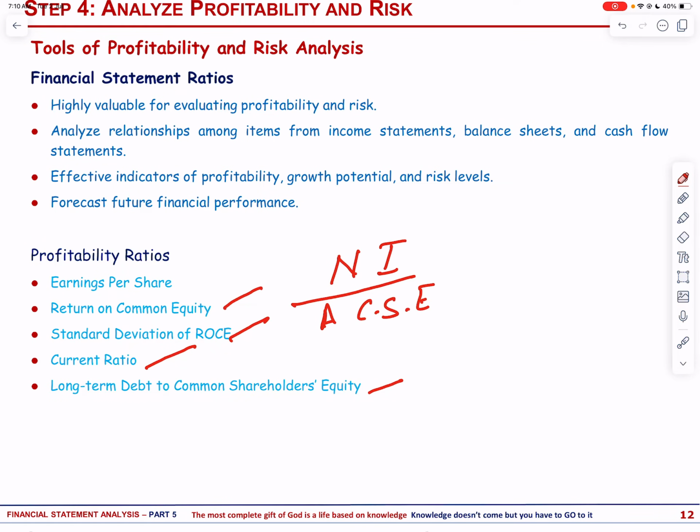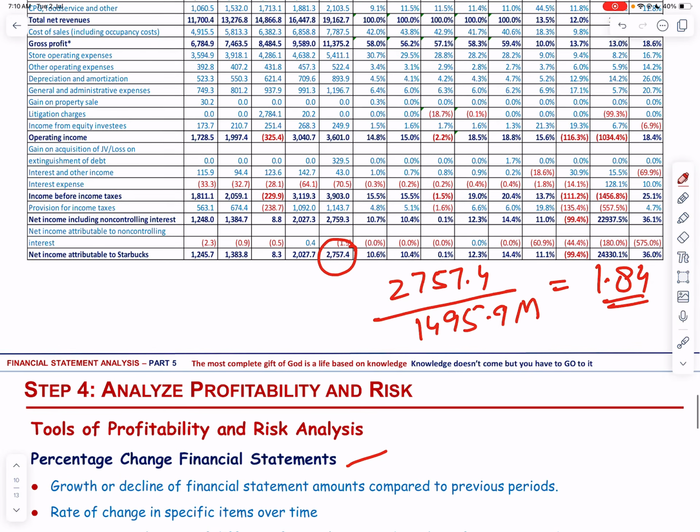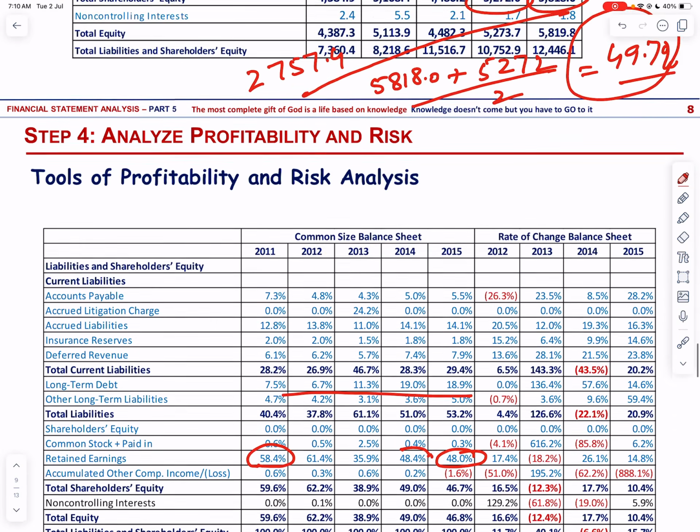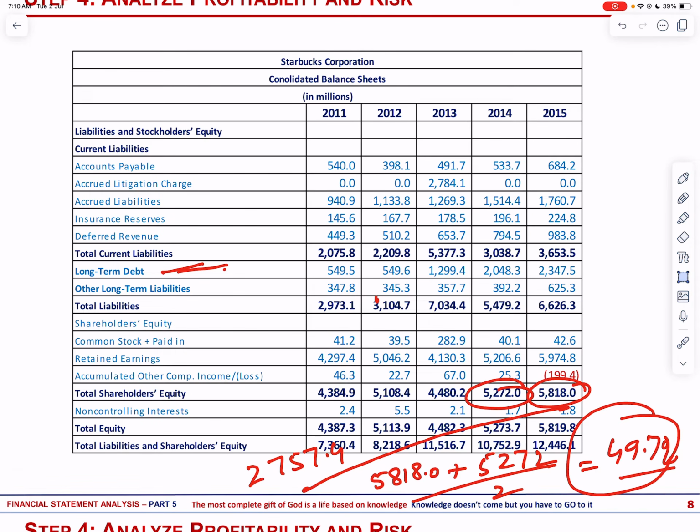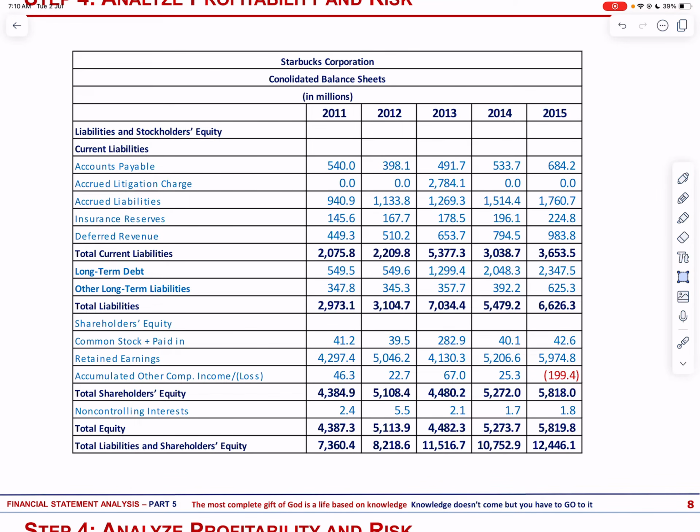For example, at the end of the year 2015, this ratio, the long term debts are how much?